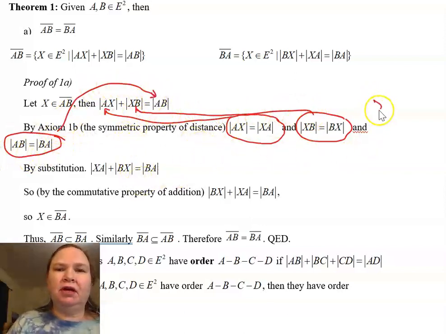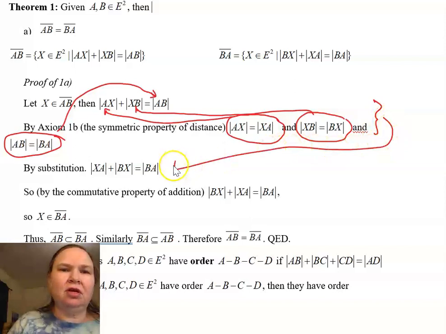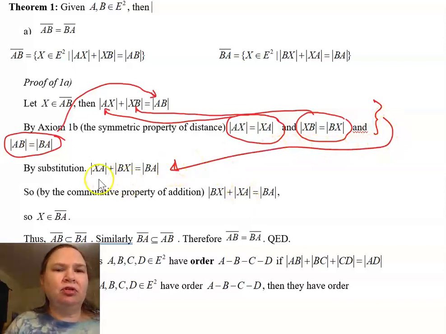And when I do that substitution, I get an equation that is almost what I need up here. The commutative property lets me switch these two pieces.